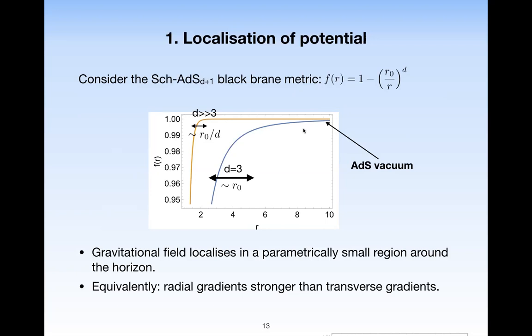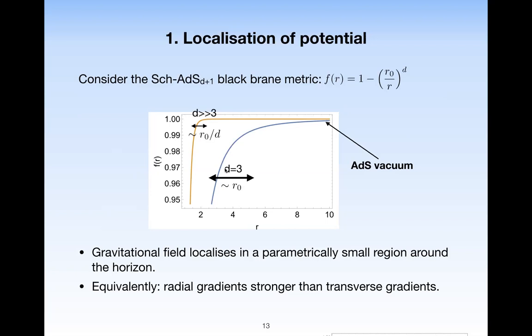But when we zoom in close to the horizon, the 2 cases behave quite differently. So in particular, in this case, we see that the gravitational potential becomes very localized in a very thin stripe of width R0 over D right outside the horizon. On the other hand, in this case, at finite D, there is no such localization of the gravitational potential. So this extends in principle to scales of order R0.